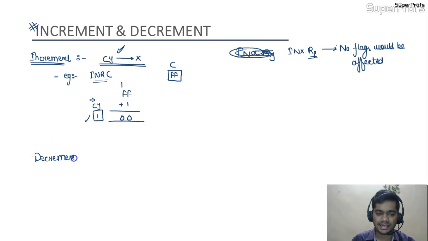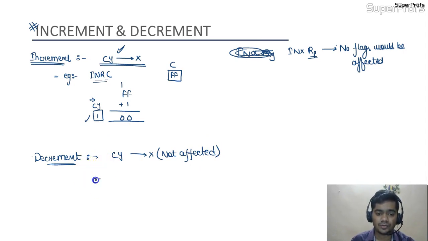Similarly, for the decrement instruction, the carry flag would again not be affected. That is, whatever carry is generated before this instruction would remain as it is after this instruction also.